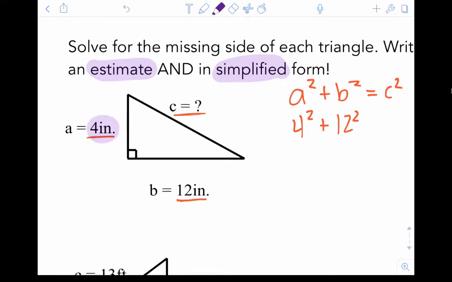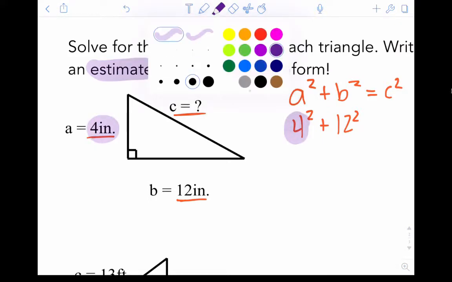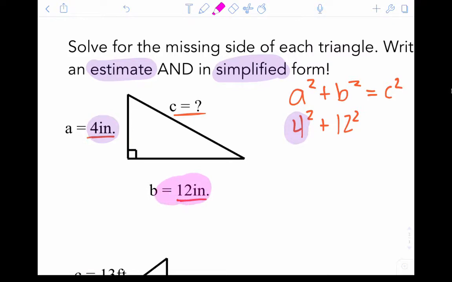I've got 4 there, and I've got 12 right here. So I just substituted those in for A and B. I need to figure out what C is. Since I don't know it, I'm just going to leave it as C in this equation. And now I'm going to solve this. So I have 4 squared, which I know is 16, and 12 squared, which I know is 144, and then that's equal to C squared.